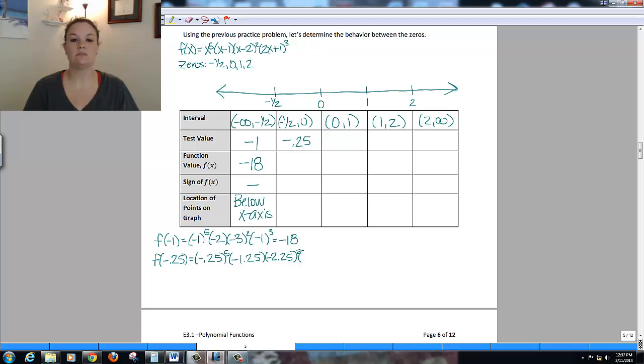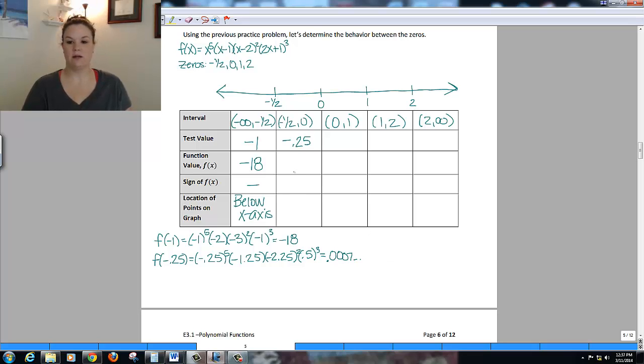So 2 times negative 0.25 gives me negative 0.5 plus 1, which is positive 0.5, and I'm cubing that. Okay. Then again, I can just plug this into my calculator, which gives me something horrid like 0.0007 and some more stuff.